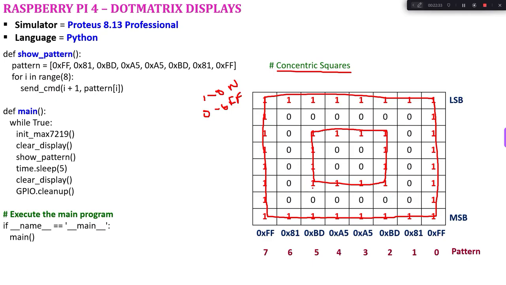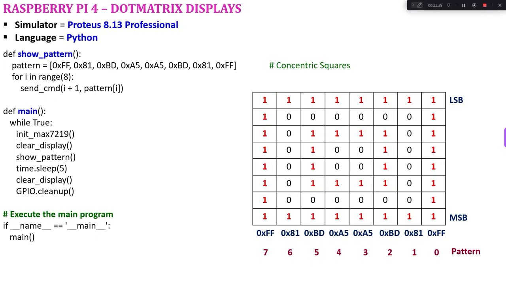To generate this pattern, I want to have values for the rows, right? So how to get these values for the rows? This is the first column, and for the first row, what is the value? It is 0xFF. Next value is 0x81. Next one is BD.